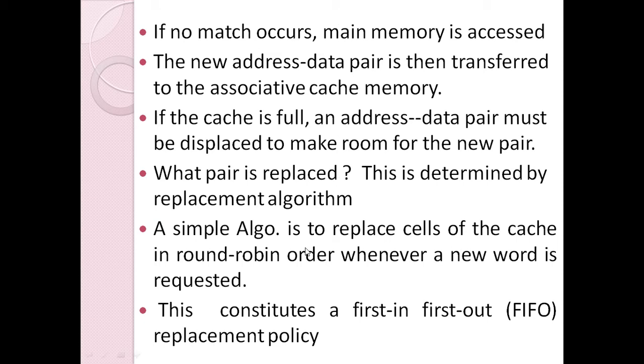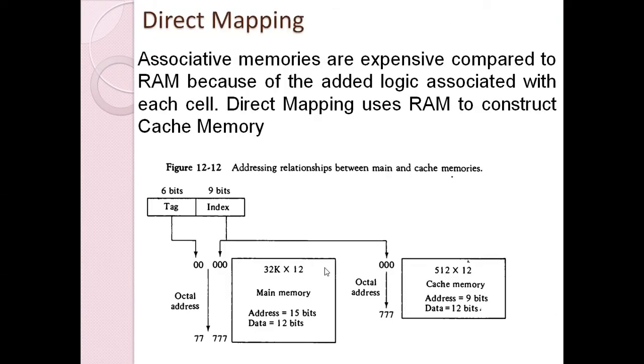A replacement algorithm means that if I want to store something in cache and cache is full, I need to displace some older data, and that algorithm decides how. We can use FIFO or round robin. That means the data which came first will go out first. First come, first out. So FIFO can be one strategy of replacement. This is how the cache can be implemented using associative memory.